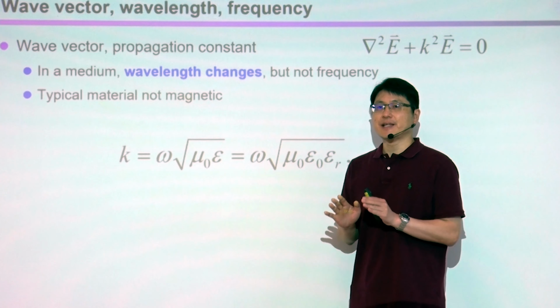Side-by-side comparison to what we learned in the very beginning for the transmission line, when we solve for the phasor equations of voltage and current, we have this result, right? And beta is the propagation constant for a lossless transmission line.